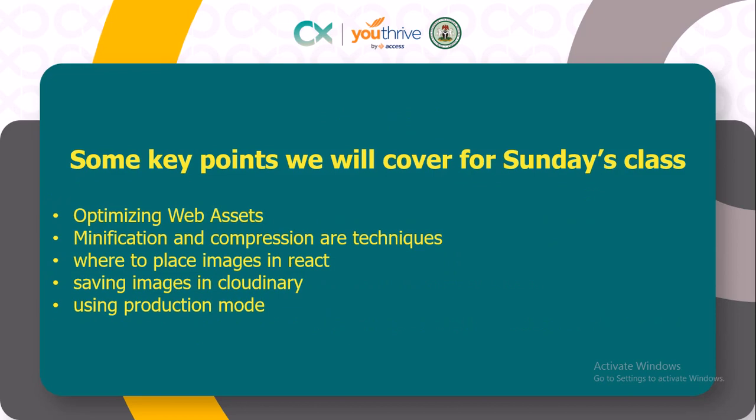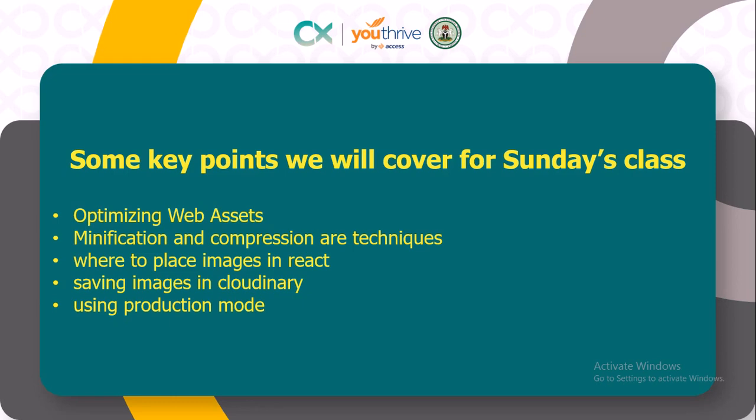So how do we optimize our web assets? The minification and compression techniques. Then we have placing images in React, saving images in Cloudinary, and using the production mode. So all this is what we'll learn for this week 8.